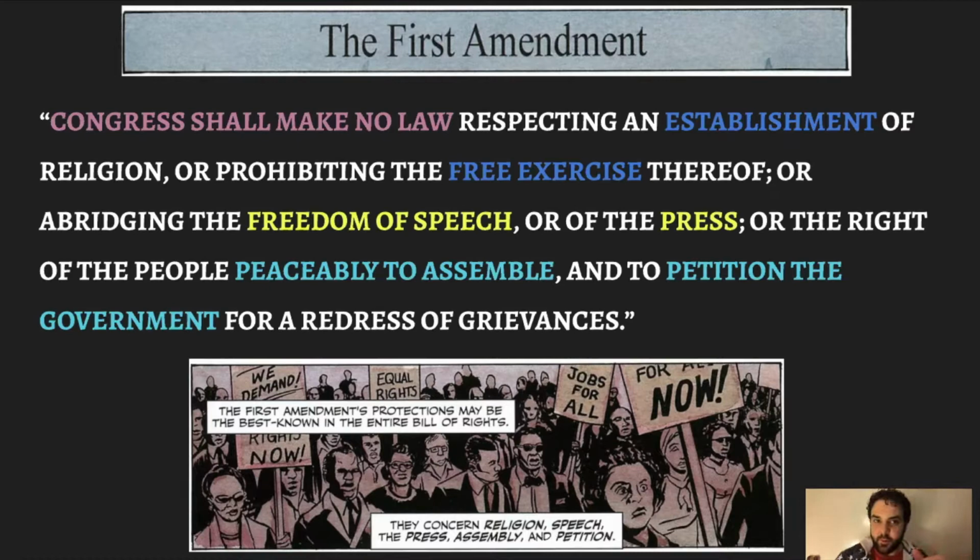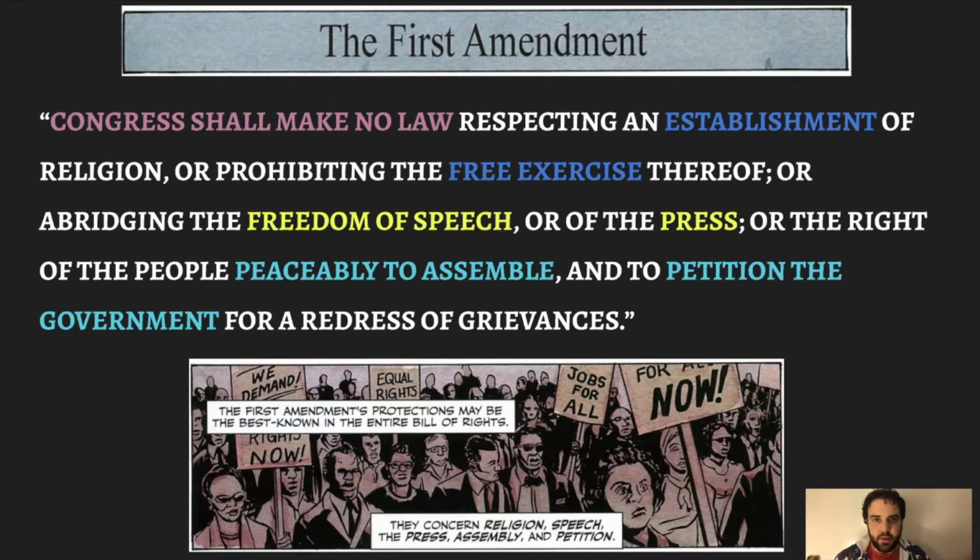But thanks to the 14th Amendment incorporating these protections to cover the states, the First Amendment, and all the rest of the liberties enshrined in the Bill of Rights, are protected from government restriction at the state and federal level, and local level, of course.